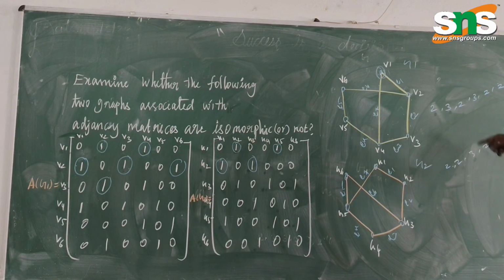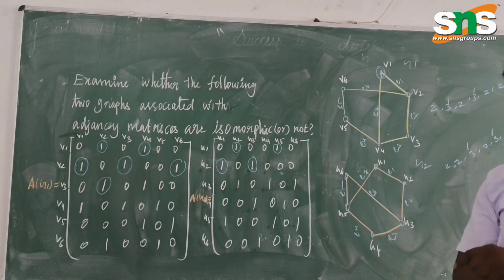So it follows the same degree sequence. We have 2 vertices of degree 3 here, and also 2 vertices of degree 3 in the other graph. Then 4 vertices of degree 2, and here also 4 vertices of degree 2. Therefore the degree sequences are also the same.